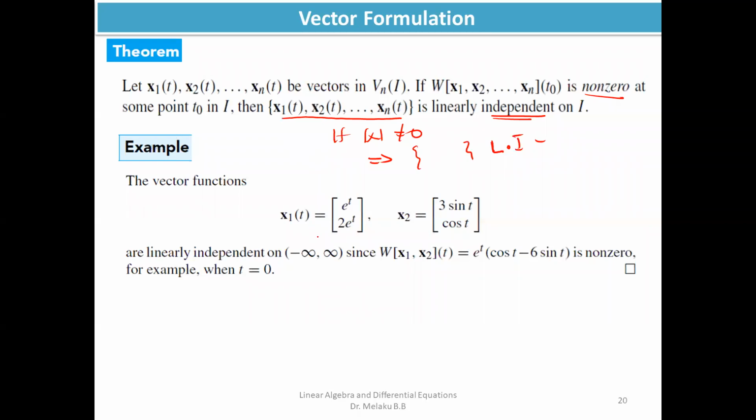For example, in the previous example we have this x1(t) and x2(t). Can we say that they are linearly independent?